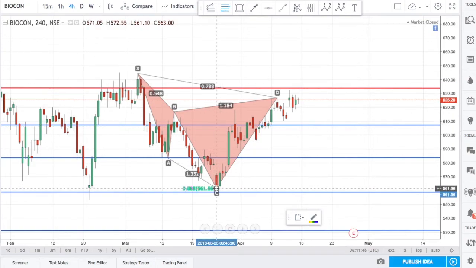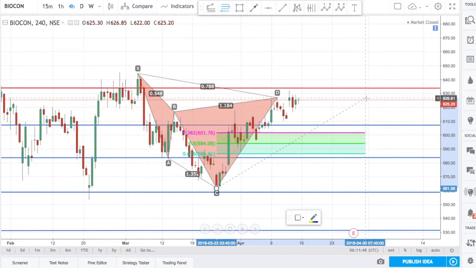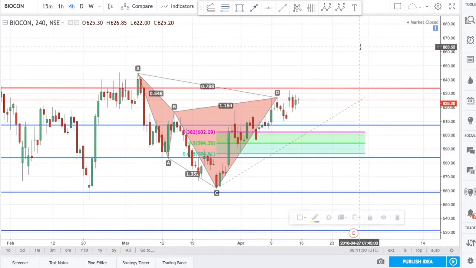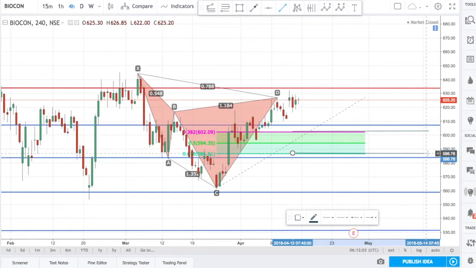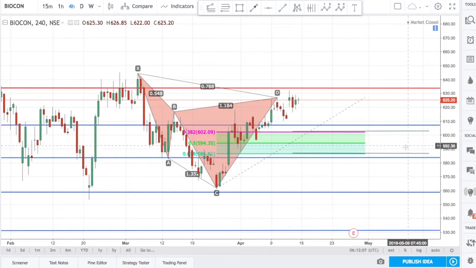So let's pick this retracement tool and mark our first target, that is the 0.382, and our second target 0.618. 0.382 is our first target and 0.618 is our second target.